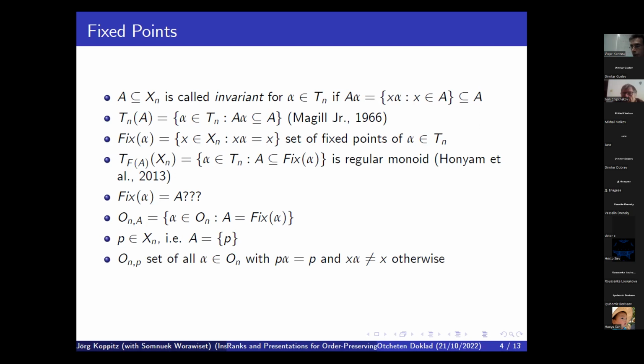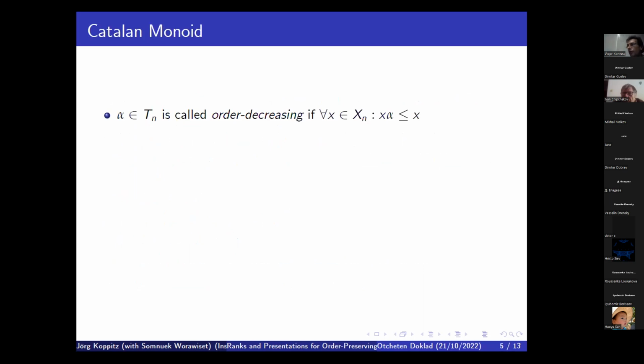So this is the set O_N,P, and this set gives a nilpotent semigroup. It is not a big deal to show this, and we have done this also in this paper, to show that this is a nilpotent semigroup.